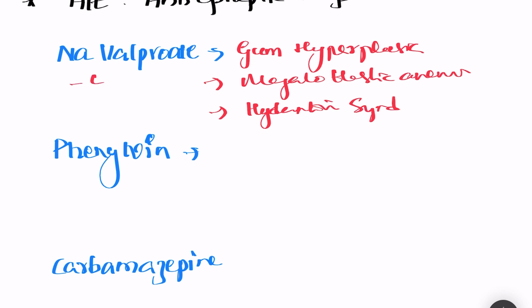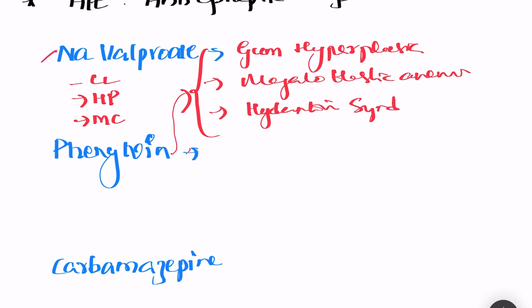One is the cleft lip, second one is the hypoplastic phalanx, and third one is your microcephaly. Sorry, these are the side effects for phenytoin. So whatever we told, it is the side effects for phenytoin.